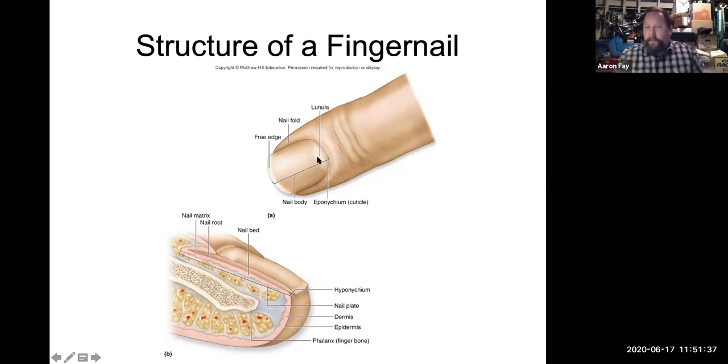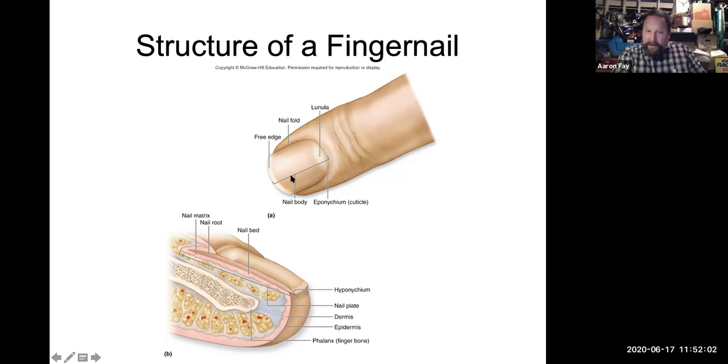Remember, what are the basic characteristics of epithelial tissue? It's avascular. It's not vascular. So you're not going to see blood underneath, which means it's going to be whiter and paler because you can't see the blood tissue underneath, which is why you have this structure here called the lunula.